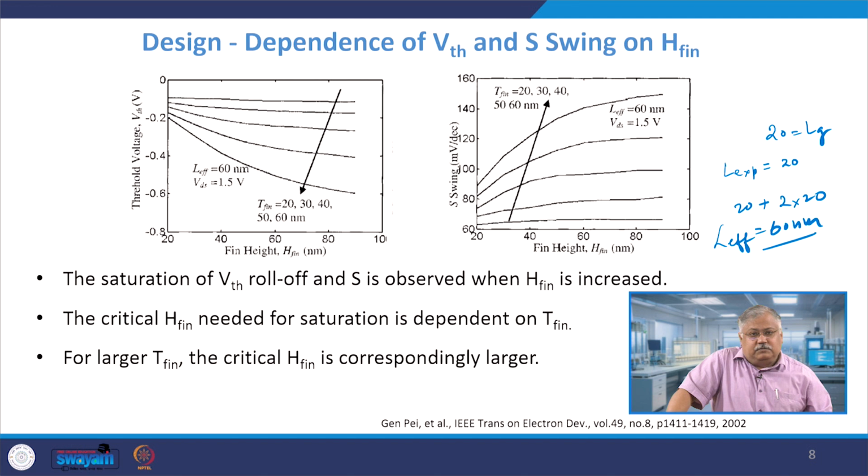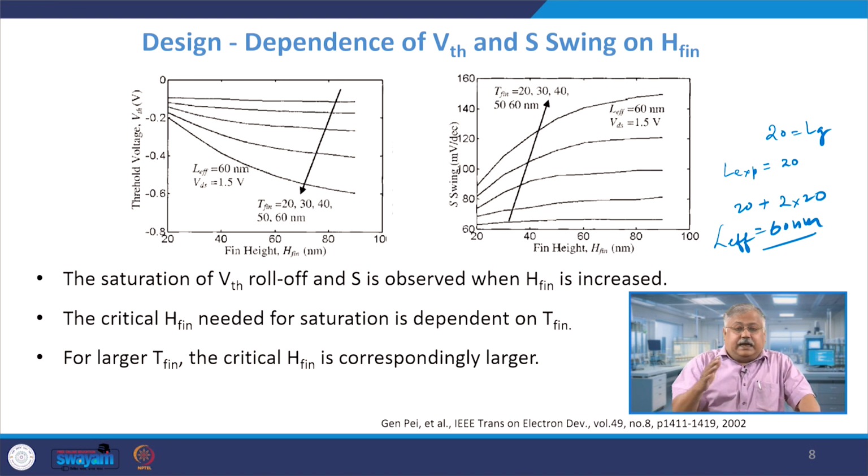As you increase from 20 to 40 to 60 to 80, for example, in 40 it is approximately minus 0.4 volts, whereas for 80 it is minus 0.6 for H fin equal to 60 nanometers. That is one observation.